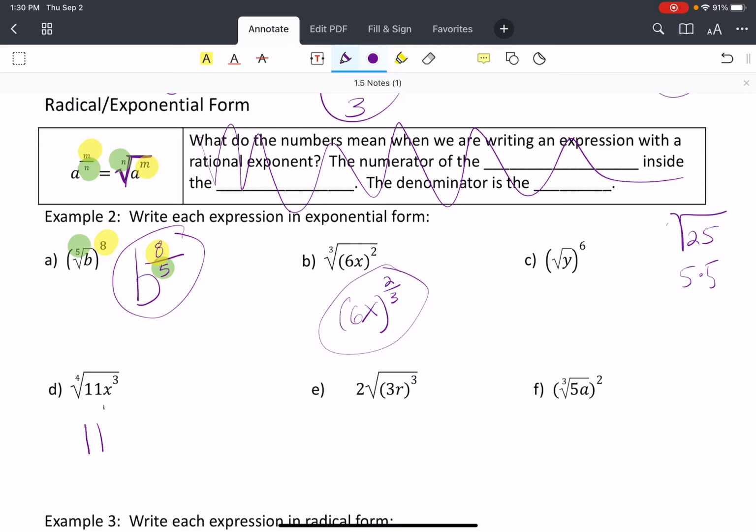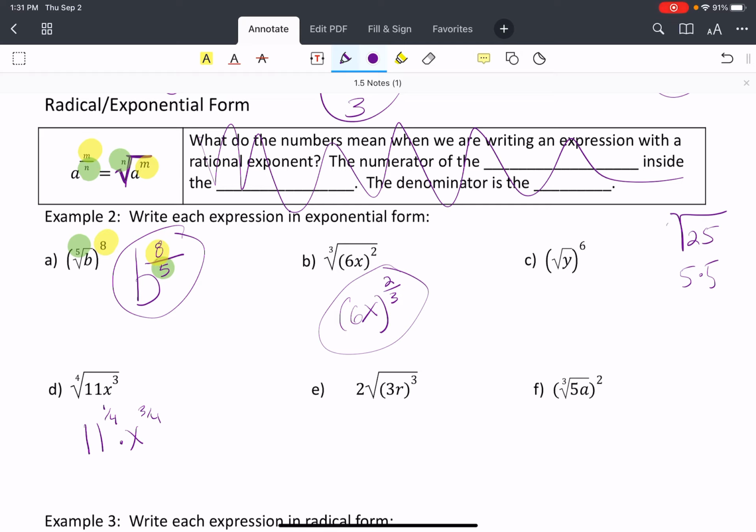So it's going to be 11 to the 1/4 and x to the 3/4. That's different on this one, B, because they both need to have that 2/3 exponent. But on D, there's no parentheses, so the 3 only goes to the x, not the x and the 11. Good?